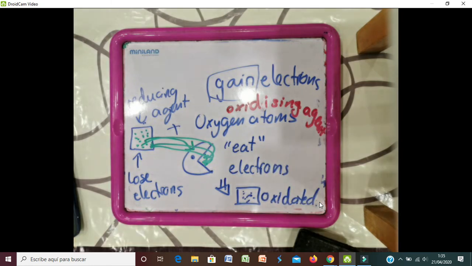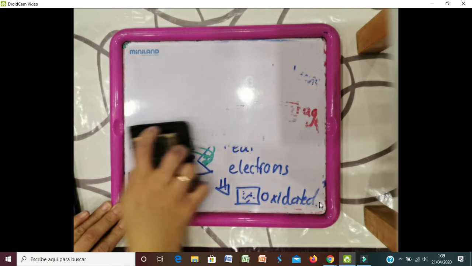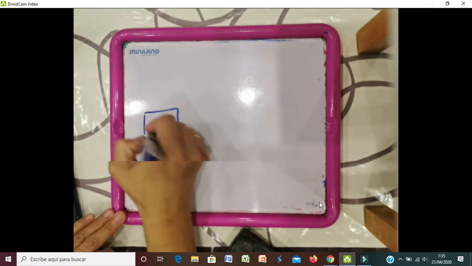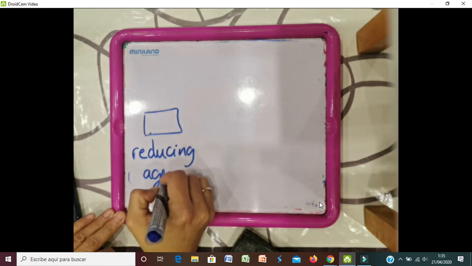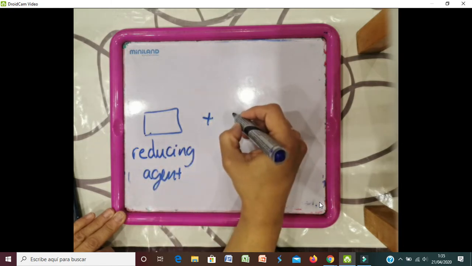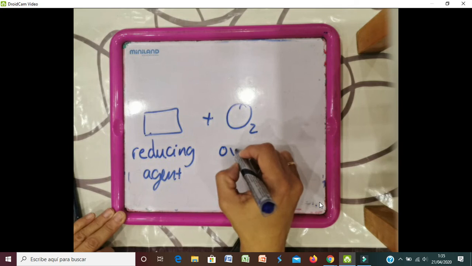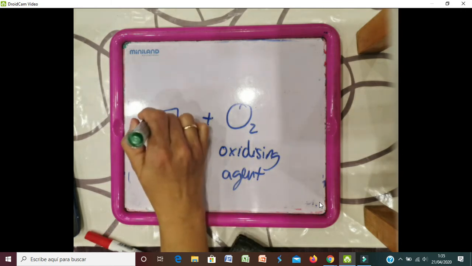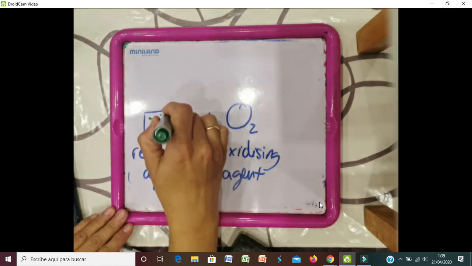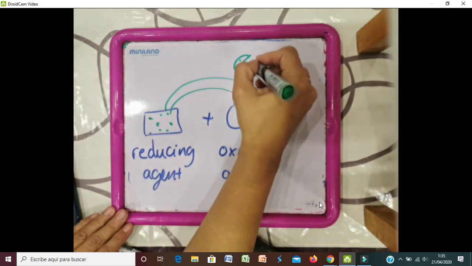Okay? So I'm going to erase this and put it a little bit more clear. I have a substance, like at the beginning, that is going to be the reducing agent, and then I have the oxygen that will be the oxidizing agent, right? And the electrons of this are going to move to the oxygen that, remember, is like a Pac-Man that loves to eat electrons.